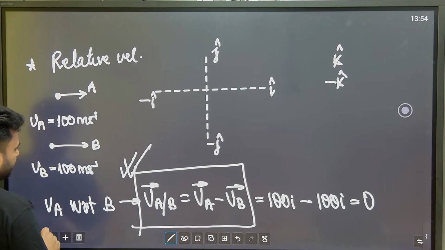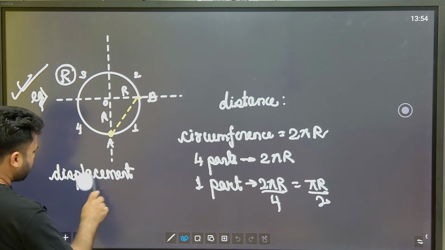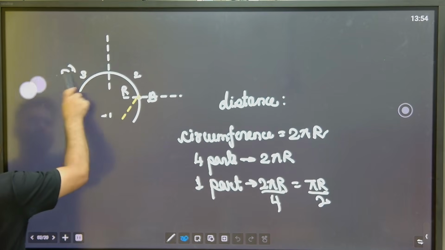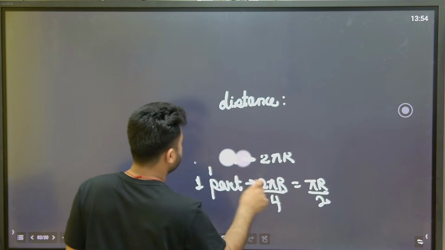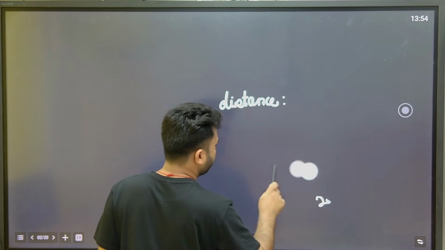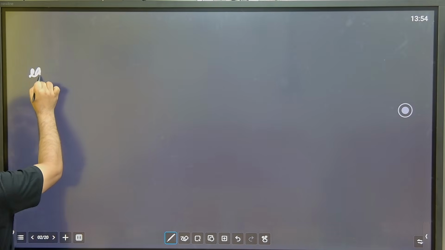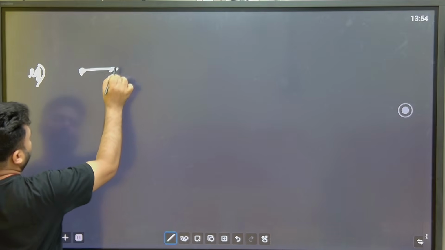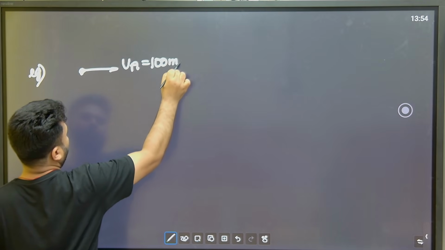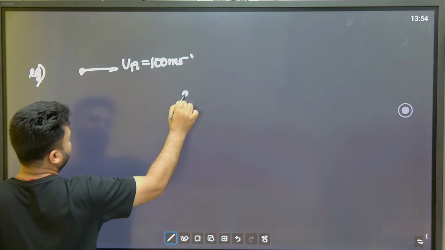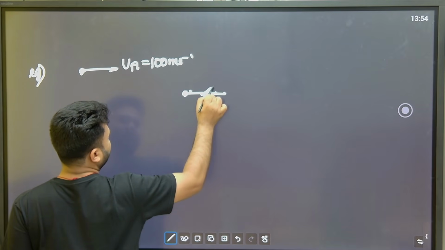Now, see. Suppose train A is going in this direction. Speed of train A is 100 meter per second, and train B is coming from the opposite direction.